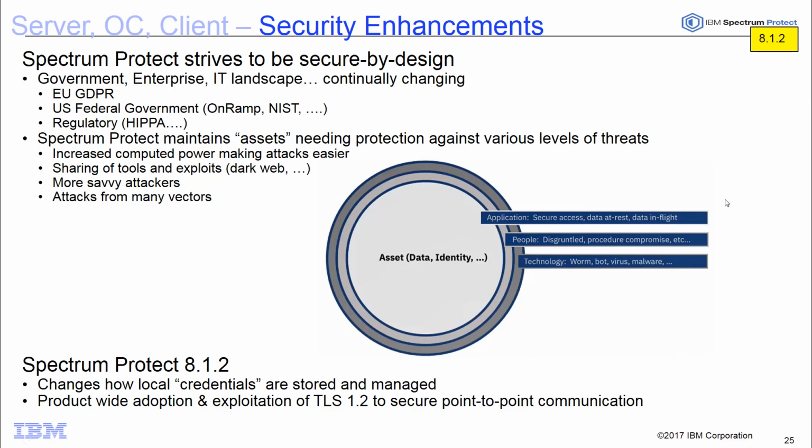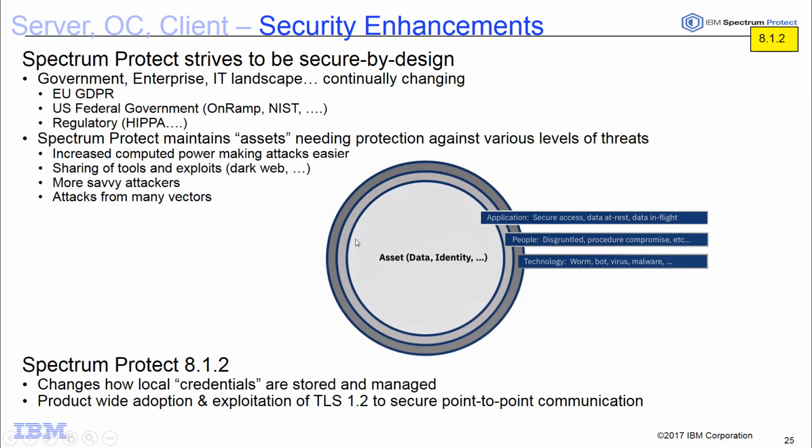Likewise, we want to protect those assets against people who might be disgruntled, or hackers, or who might be utilizing some type of dark web tool to exploit the data. And we want to do all we can to prevent technology hacks like worms, bots, viruses, or malware against the data that we have in there.